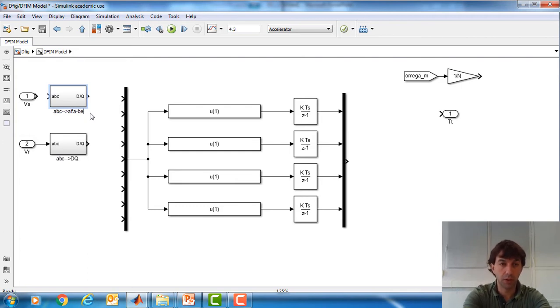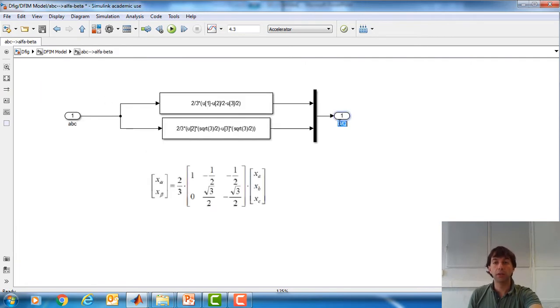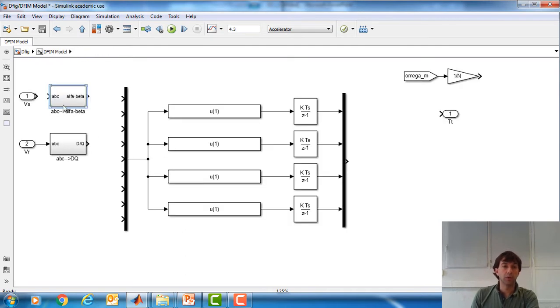Alpha, yes, beta, and the same inside. It is the same transformation. This is the Clark transformation, but the names in this could be different.